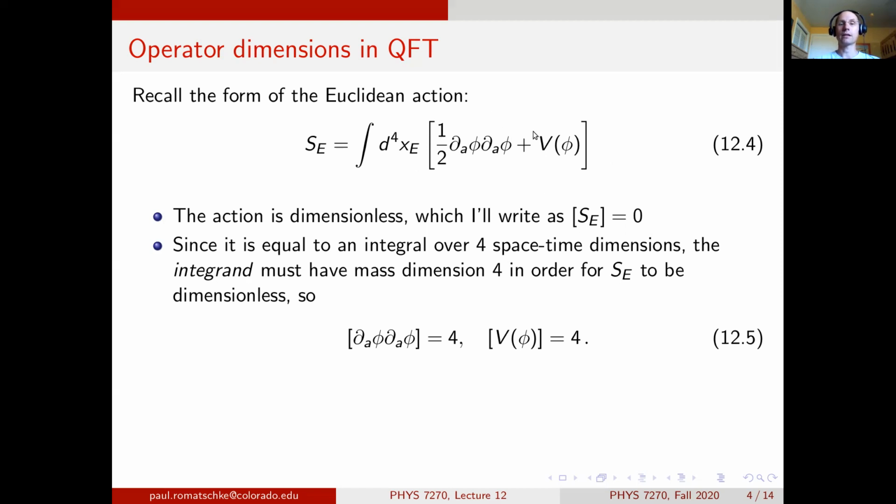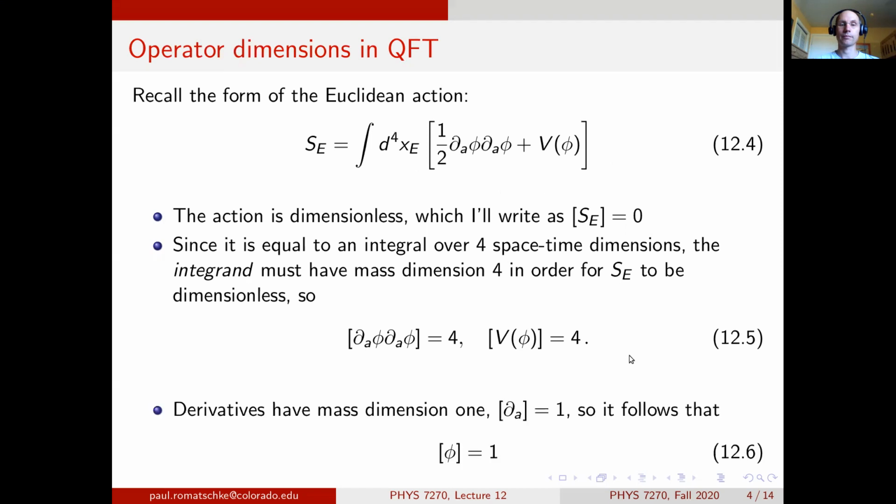This implies that both of these terms that appear in the expression in 12.4 must have mass dimension 4, meaning the derivative term of phi must have mass dimension 4, and the potential must have mass dimension 4. The derivatives are 1 over length, so that's the same as unit of energy or unit of mass, so derivatives have mass dimension 1.